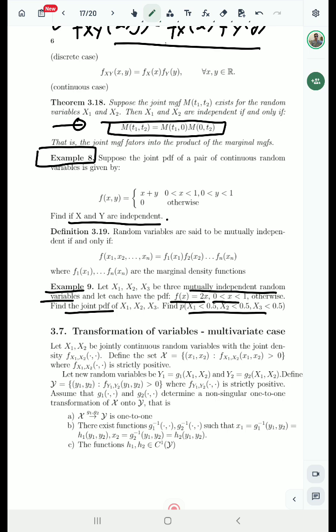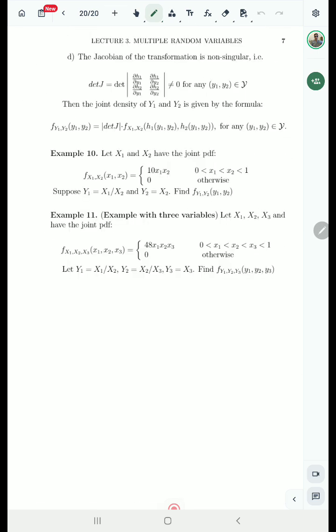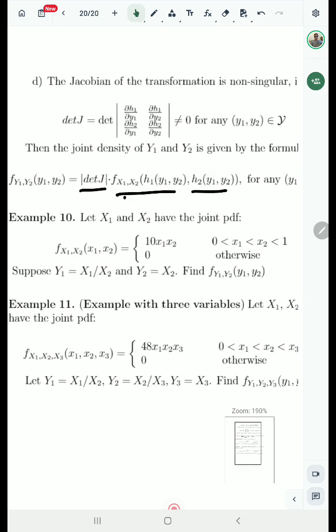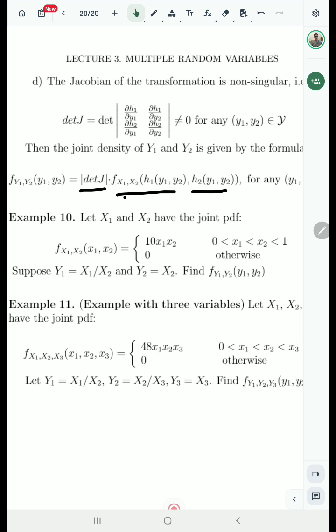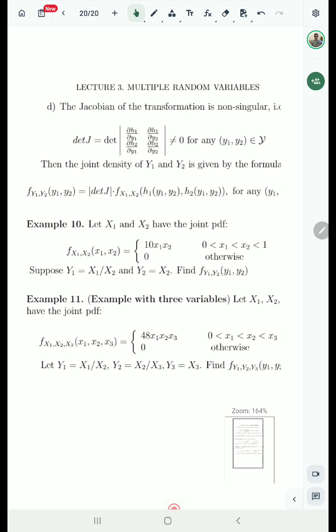The only difference is that here you're evaluating the joint density at the inverse function, and instead of the absolute value of the derivative, you are multiplying by the absolute value of the determinant of the Jacobian matrix. The Jacobian matrix is basically the matrix of first derivatives. If you have two functions, h1 and h2, you take the derivative of the first function with respect to y1, the first argument, then the same function's derivative with respect to the second argument, and so on. That's kind of straightforward.